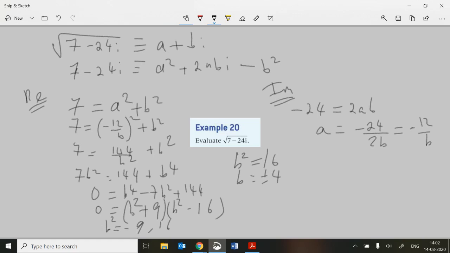Okay, now if we substitute plus or minus 4 into here, so if we say b is equal to 4, for example, we'll end up getting a is equal to minus 12 over 4, which is equal to minus 3. And of course, if b is equal to minus 4, we can use this equation again for a, and we can see that we're getting out a is equal to 3.